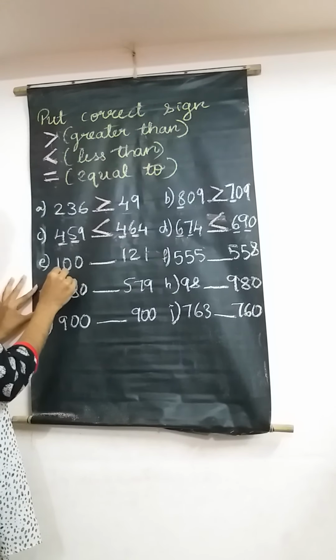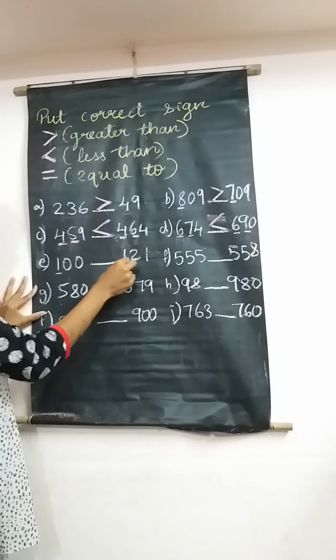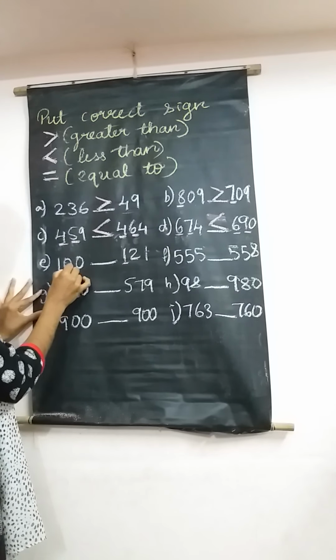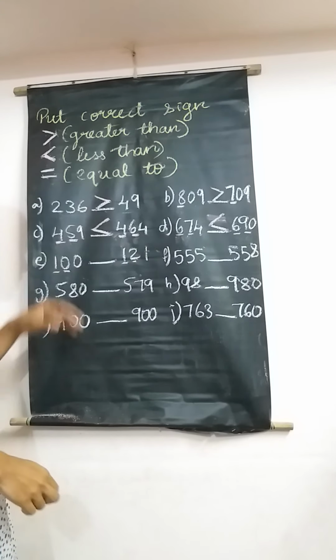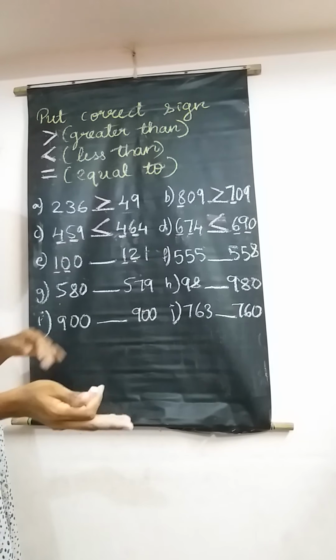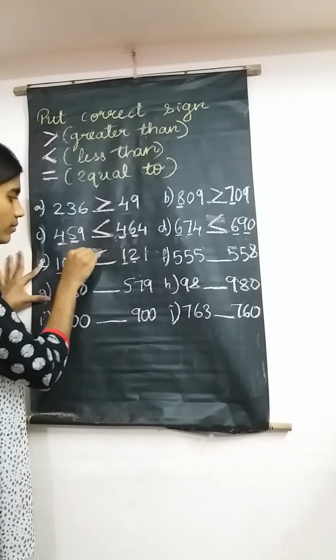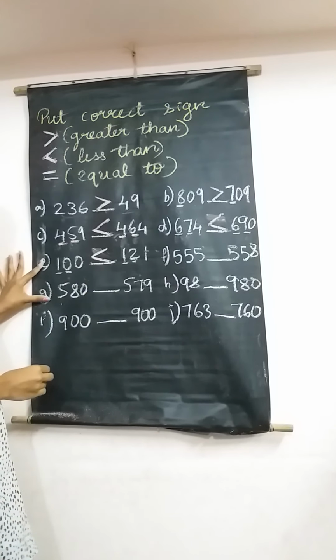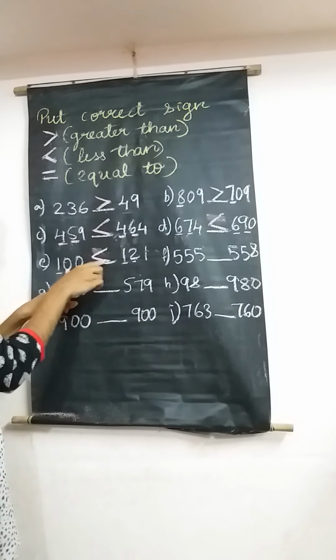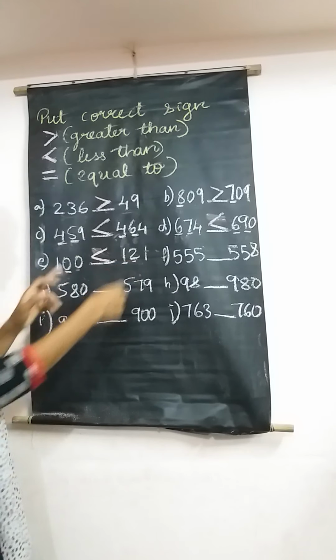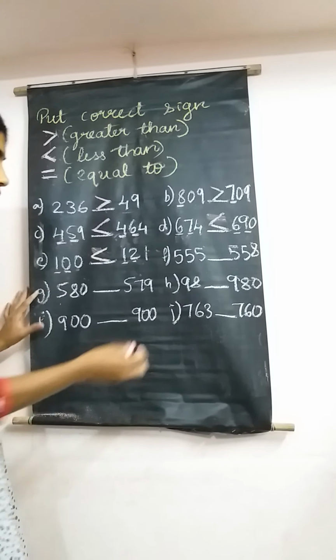Now here compare 1, 1. Same. Next compare 0, 2. Which is greater? 2 is greater, 0 is less. So our sign will be this way. Because 0 is less, lesser sign. 100 is less, 121 is the greater number.